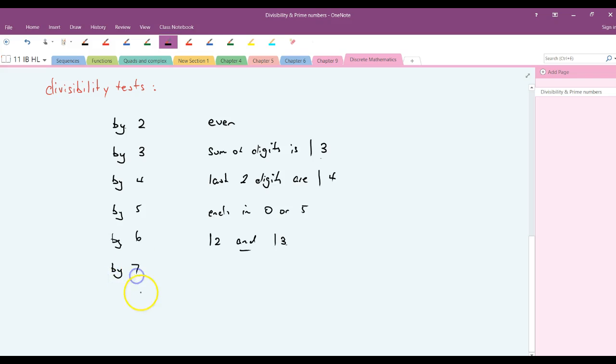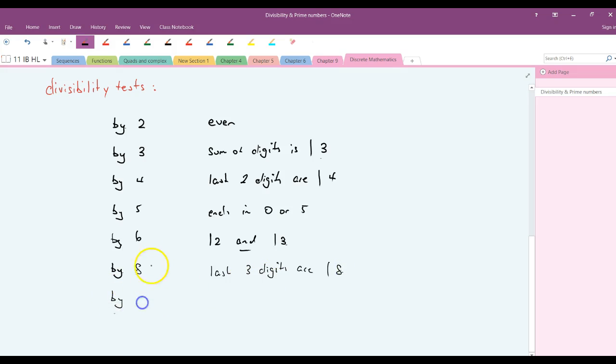By 7, we haven't got a divisibility test for 7, so I'll skip to 8. By 8, it's the last 3 digits divisible by 8.